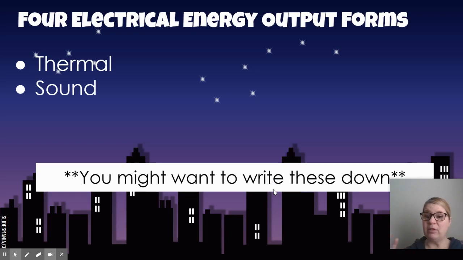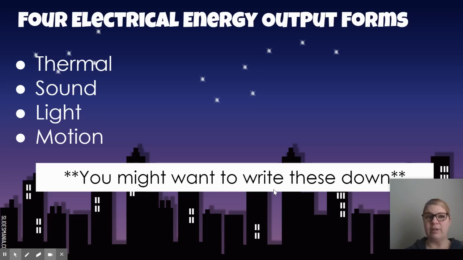Remember the buzzer, that was a sound output. Light, when you turn on the lights, that's a form of electrical energy that is light output. And the last one is motion. So when things move, that is motion output. You're going to want to remember these 4 forms of energy output. You might want to write them down. They will help you with what you're going to do today.